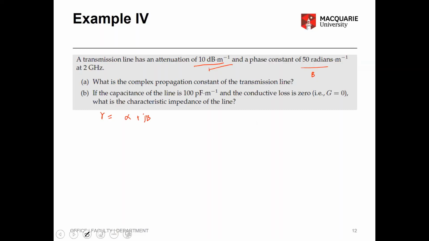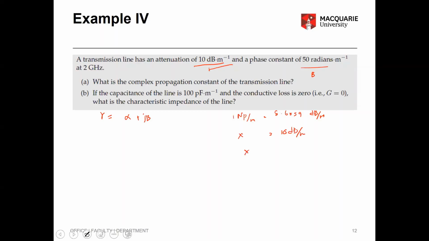So we've seen that 1 neper per meter equals 8.6859 dB per meter. Now it's 10 dB per meter, so we can find how many nepers per meter.